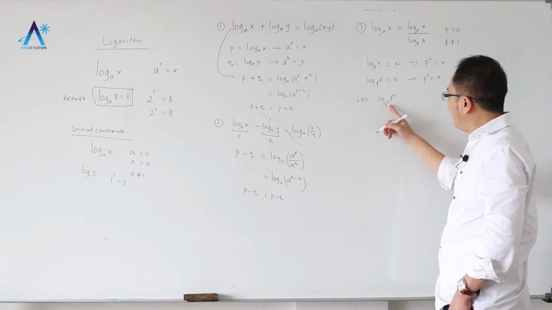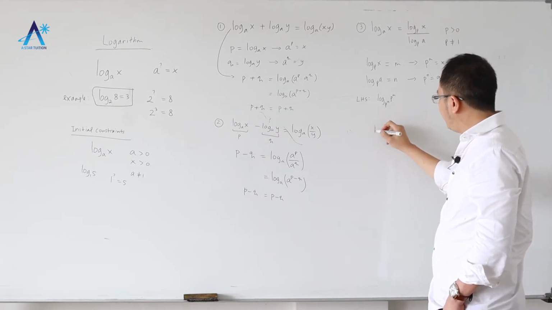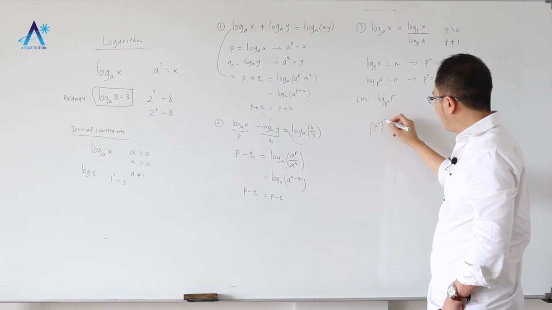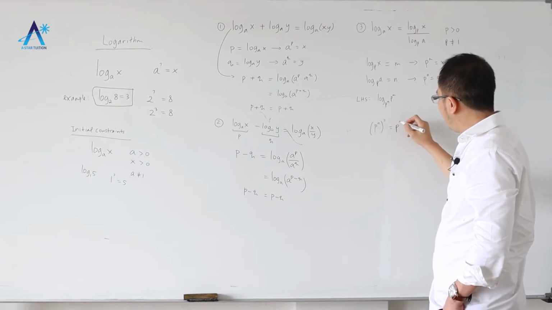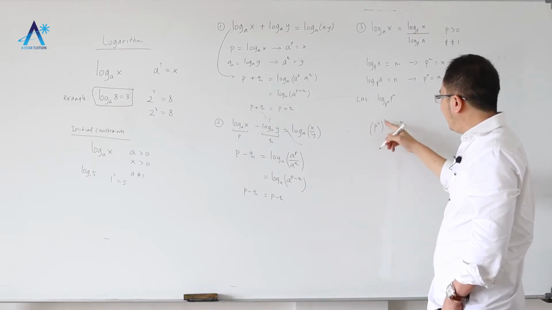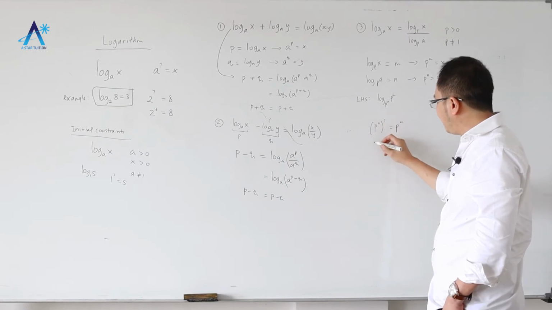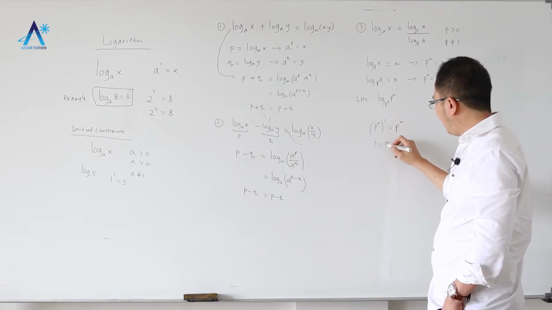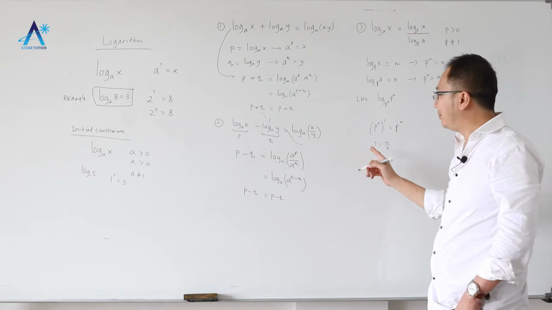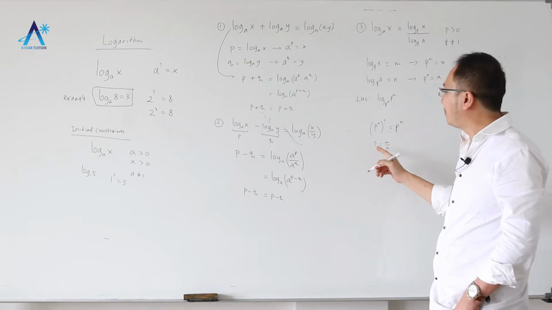Okay, what does this simply mean? p to the power n to the power of what is equal to p to the power m. So this question mark could be replaced by m over n. Remember from the lesson in the indices chapter.